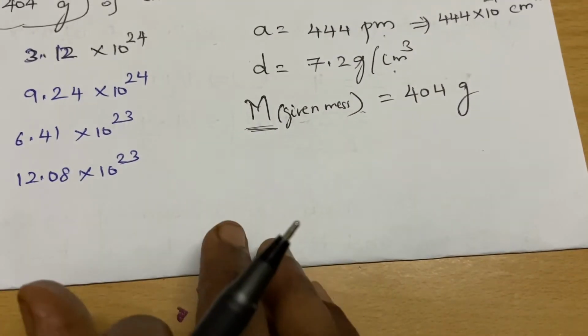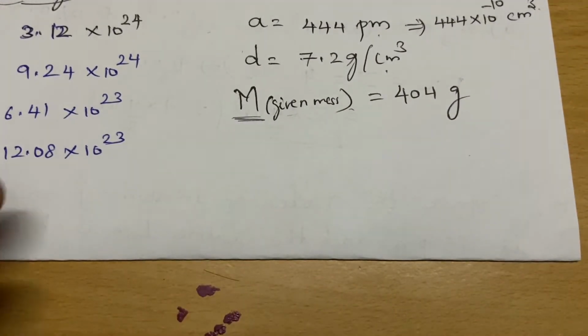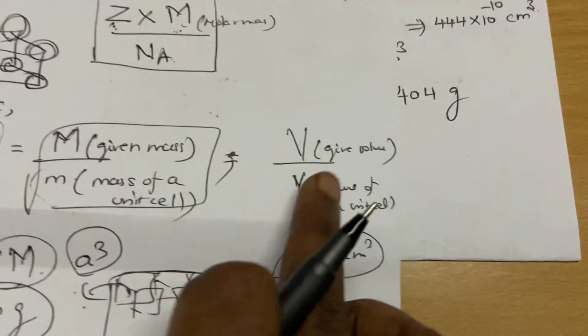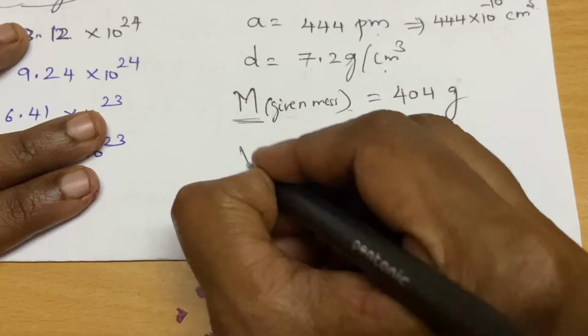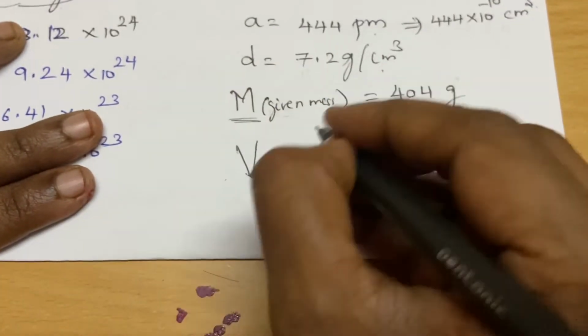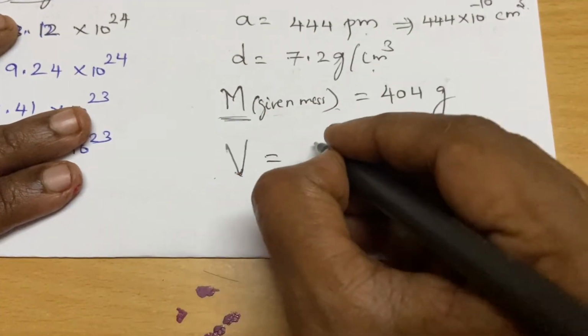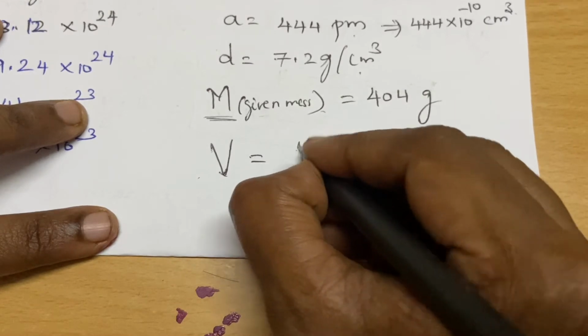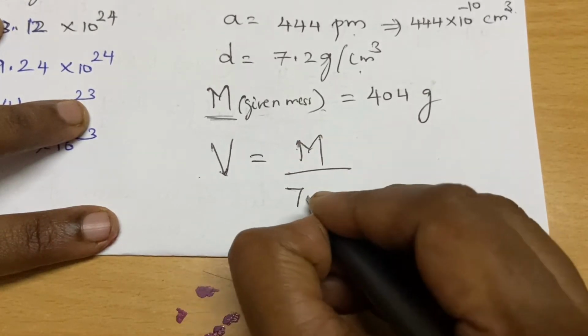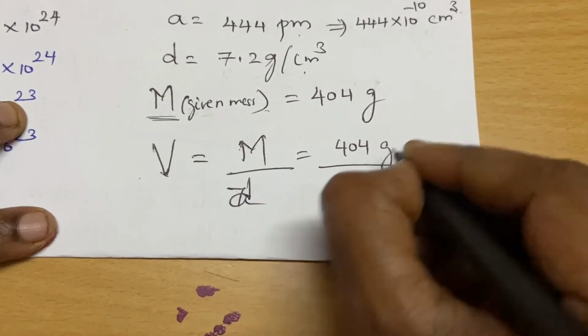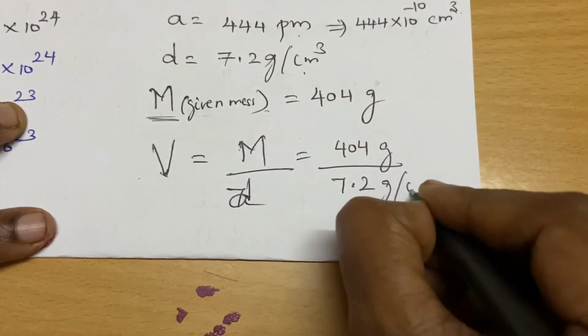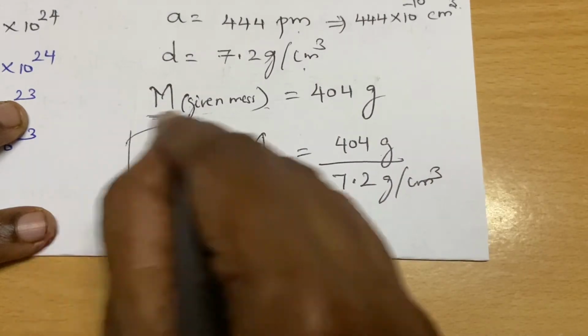So how we are going to approach this? I am going to approach this using this formula, given volume divided by volume of a unit cell. How to do this? I am going to find out the capital V using this relationship: the mass divided by density, 404 grams divided by 7.2 grams per centimeter cube. So I know this.